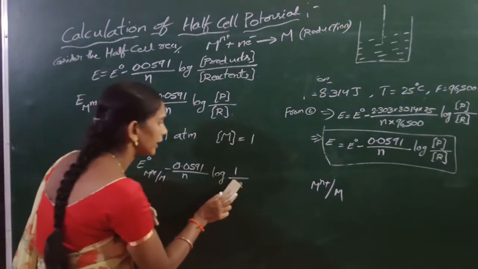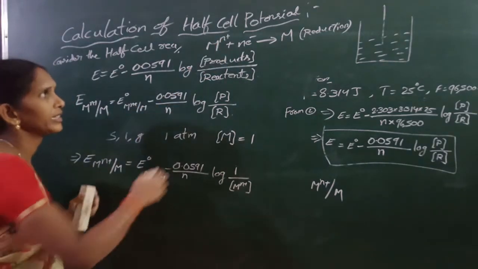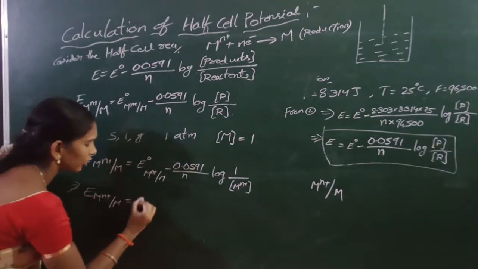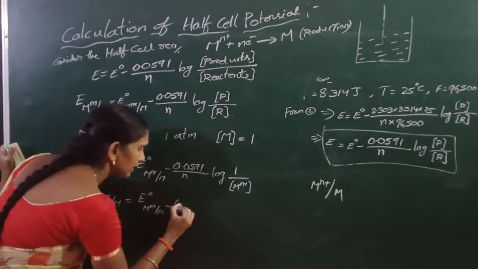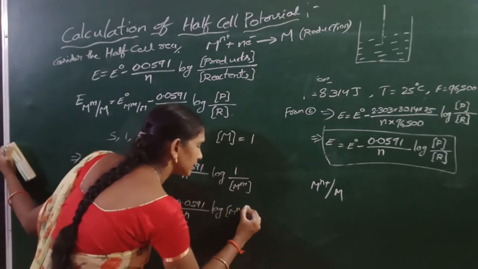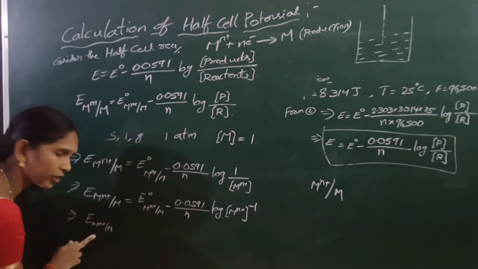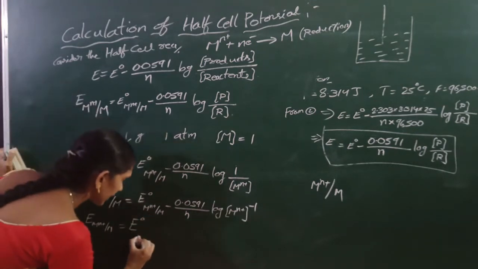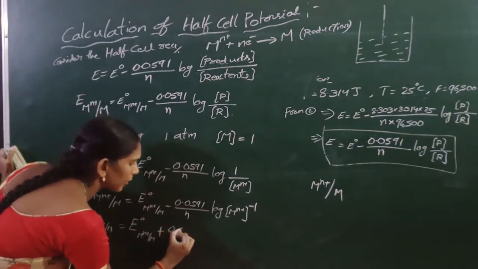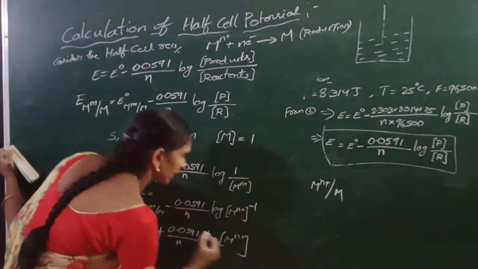Reactants means M n plus; I don't write the electrons here. Then E of M n plus by M is equal to E naught minus 0.0591 by n into log 1 by concentration of M n plus. So the electrode potential at the cathodic reaction is equal to the standard electrode potential plus 0.0591 by n into log concentration of M n plus.